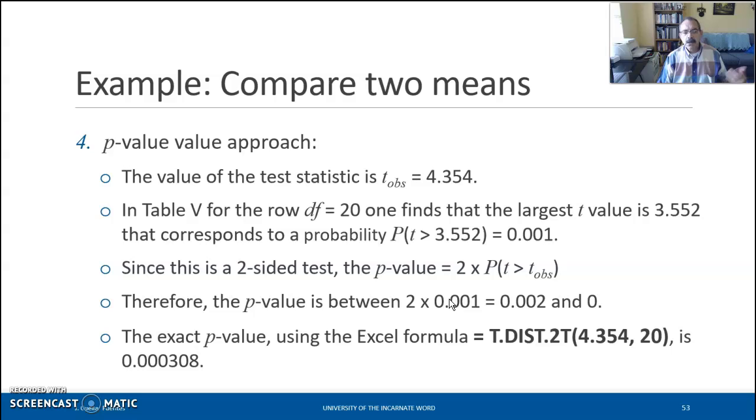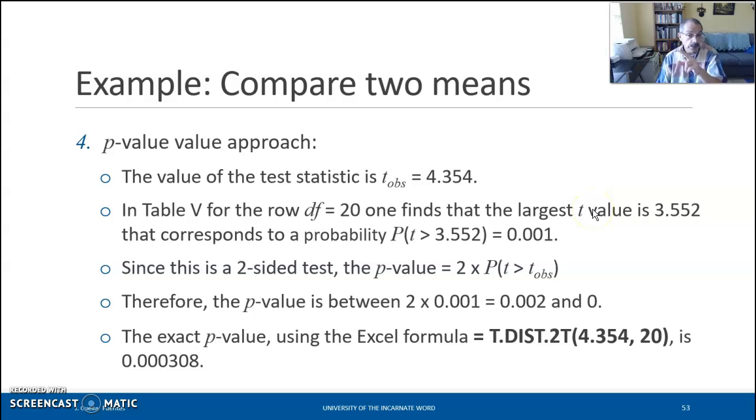If we decide to go with the p-value approach, then we take the t observed, the value of the test statistic that we calculated, and go into table 5 and see where this value is on the row of 20 degrees of freedom. You see that the largest t-value is 3.552, and that corresponds to a probability of 0.001 to the right. So 4.354 is larger than that.